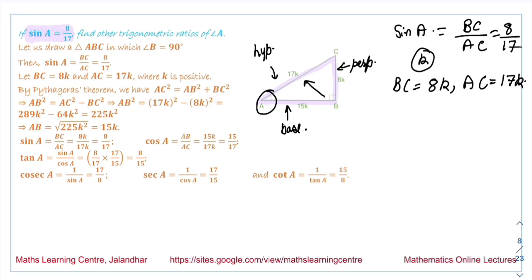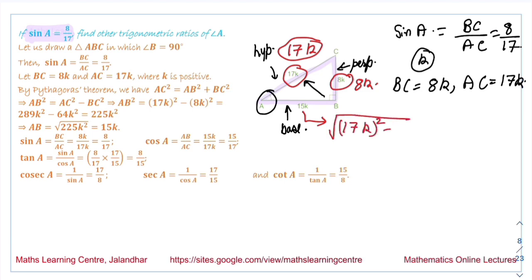Now we have calculated this value, it is 8k, and this value, it is 17k. We have to calculate the value of the third side, which will be the square root of 17k square minus 8k square.